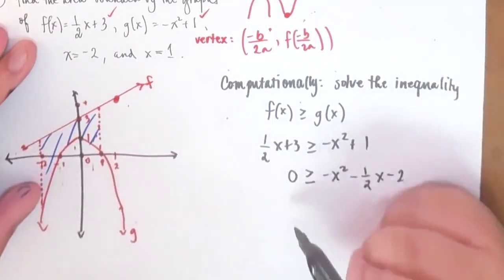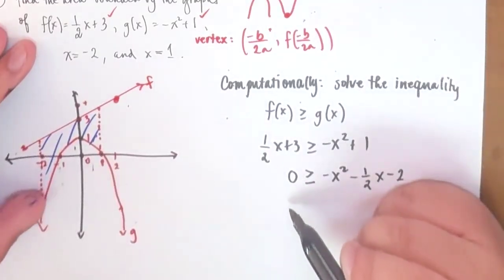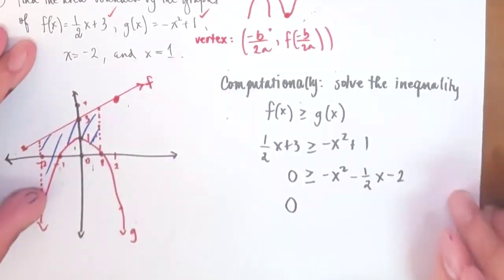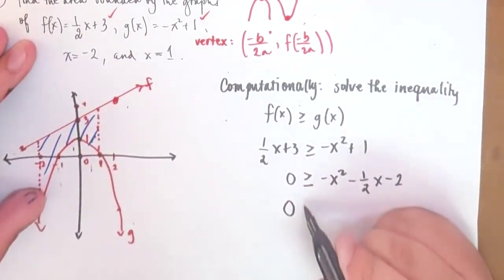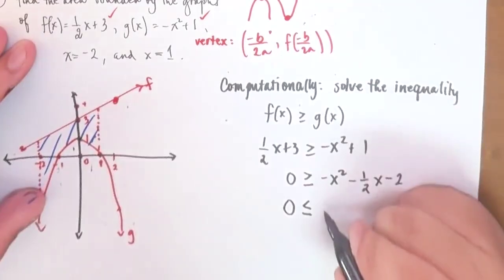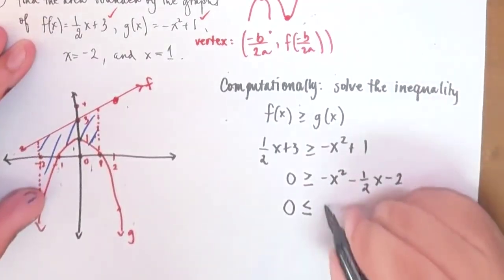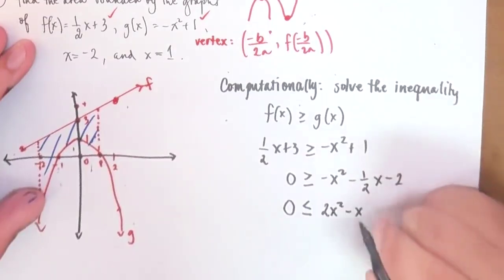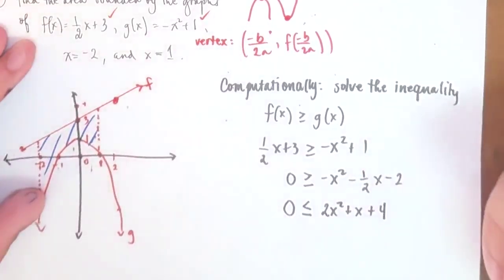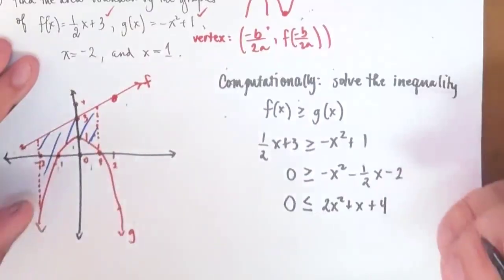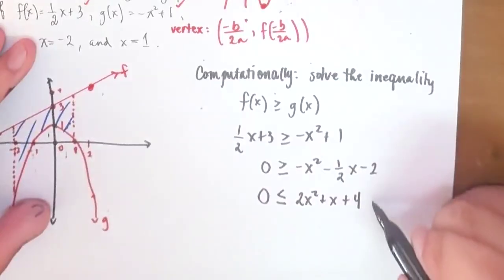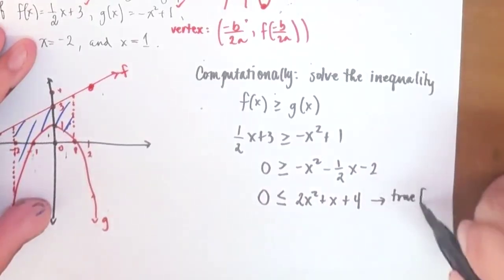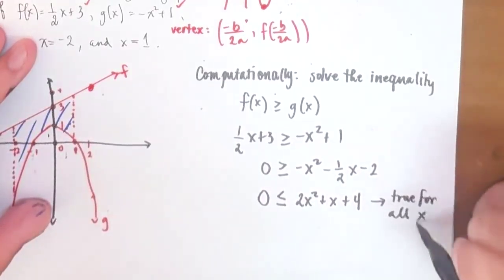If we simplify that even further, we multiply both sides by negative 2, so this inequality flips, and this becomes 2x² + x + 4. Now, if you notice, this right here is true for all x.